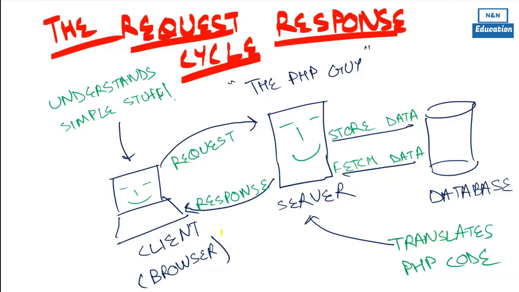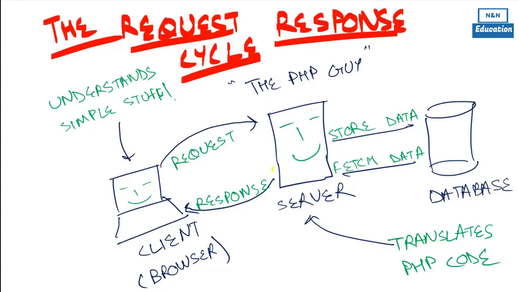And the client unfortunately cannot understand PHP. It can understand simple stuff like HTML and CSS, or maybe some client-side scripting languages like JavaScript, but it cannot understand PHP. So if a client requests a page, and if there is some PHP code in it, then the server has to first translate or parse that PHP code, and it has to send HTML output to the client so that the client can understand and display it, right?